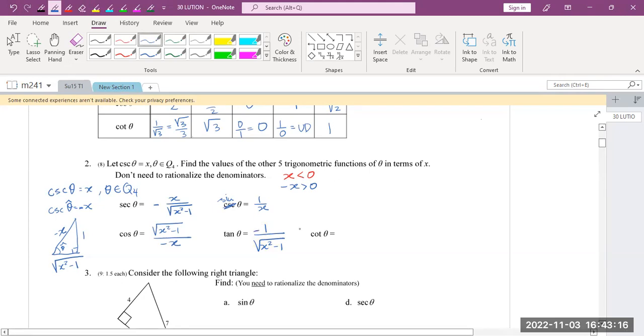Now cotangent theta is just the reciprocal of tangent, so this is negative square root of x squared minus 1. Now, the issue at hand is, can you find the other trig values with the adjustment into the plus minus?